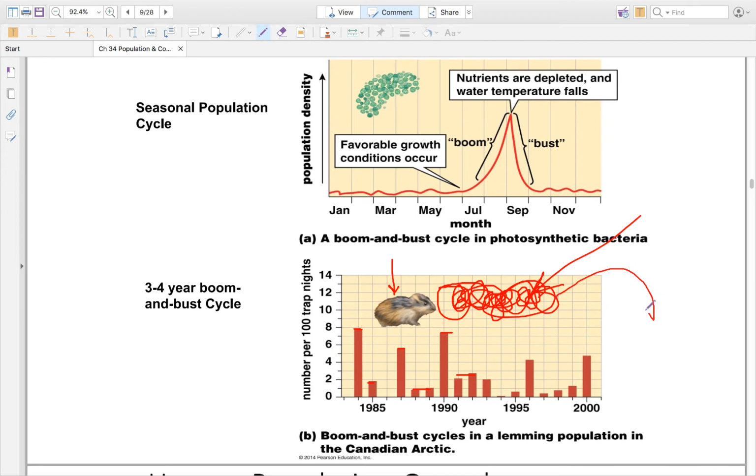They jump into the ocean. They jump in there thinking that they're going to swim away and find somewhere else to live, and they don't make it. They drown. And they just never learn. They just keep doing this over and over again. And so that is a typical boom and bust cycle.